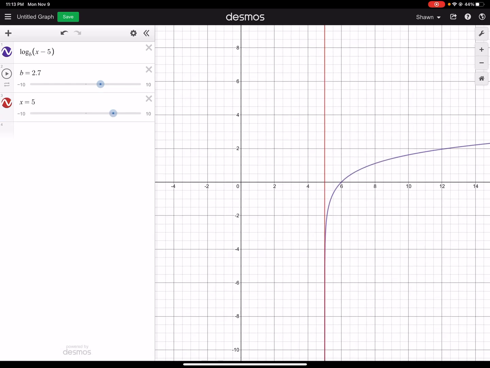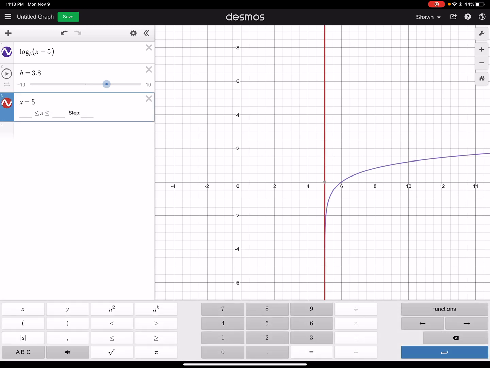You can see that is a vertical asymptote to the function. And whatever I change b to, all it's going to do is change how the function bends. And as long as b stays positive, it always stays asymptotic to x equals 5. It's always defined for x greater than 5.